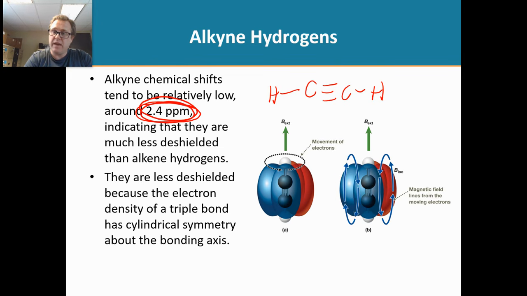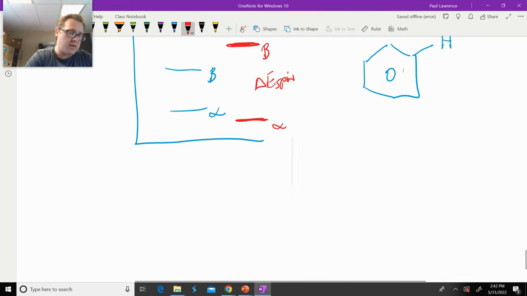So you have some of them going up, and then you have some of them going down. So what's happening here is that it's generating what's called a shield cone. So let's go to the whiteboard here.